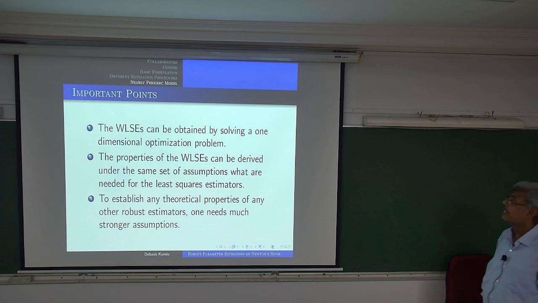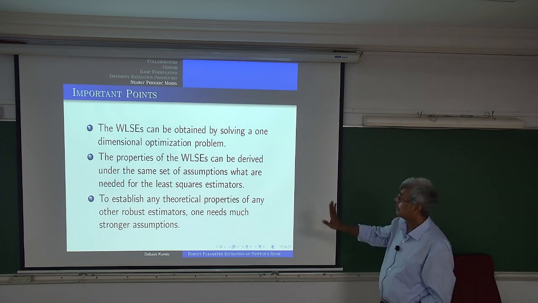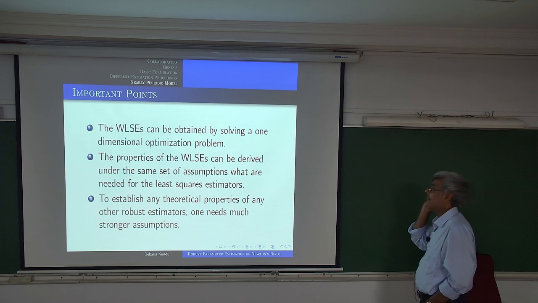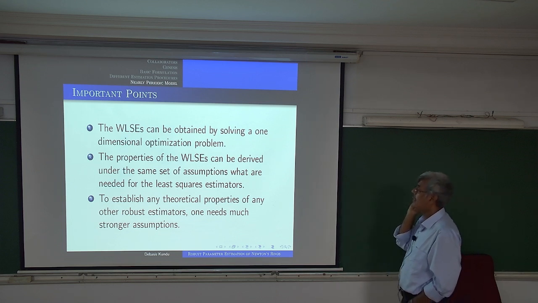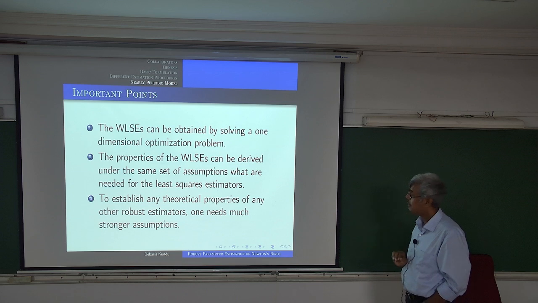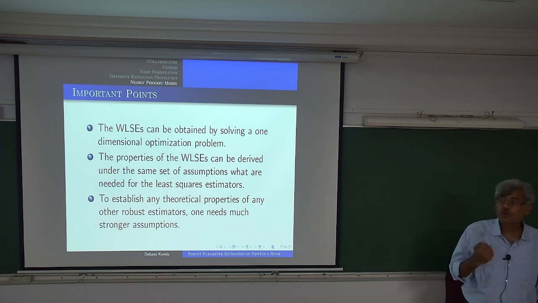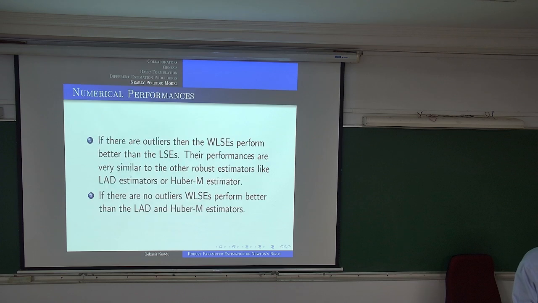The weighted least squares estimators can be obtained by solving a one-dimensional optimization problem. The properties of the weighted least squares estimator can be derived under the same set of assumptions needed for the least squares estimator, whereas to establish theoretical properties for any other robust estimator, one needs much stronger assumptions. That is the way it helps us.